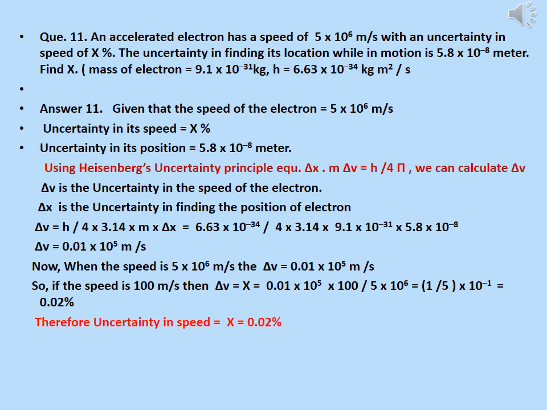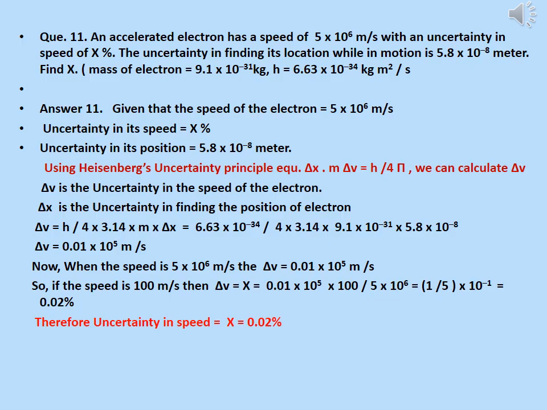So the delta v value is 0.01 into 10 power 5 meter per second when the speed is 5 into 10 power 6 meter per second. So if the speed is 100 meter per second, what would be delta v? That is x percent, which is the uncertainty in speed, which we are asked to calculate.